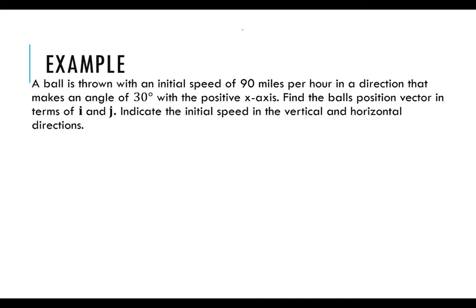Alright, so real quick, just to sketch my image, we have a baseball that has an initial speed of 90 miles per hour, and it has a directional angle theta equal to 30 degrees. We want to find the ball's position vector in terms of i and j. And then we want to indicate the initial speed in the vertical direction and in the horizontal direction. Well, what are we doing?